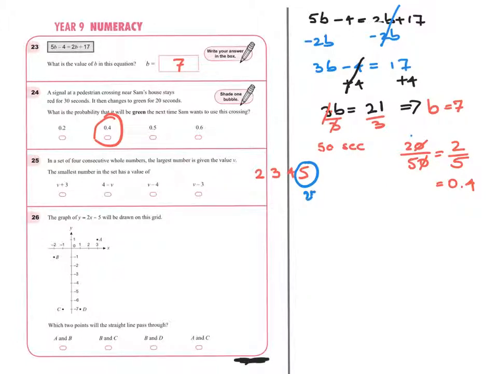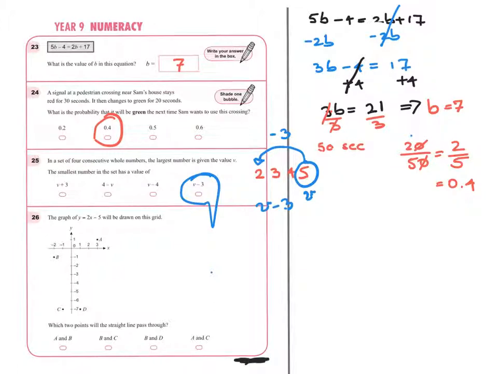Now the smallest number in the set has a value of 2. In order to get to 2, we took away 3 from 5. So therefore, the general rule would be v take away 3. Let's have a look if we have that one. Yes, it is the last one, and that would be the correct answer.